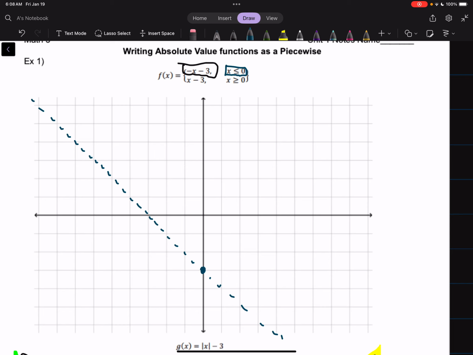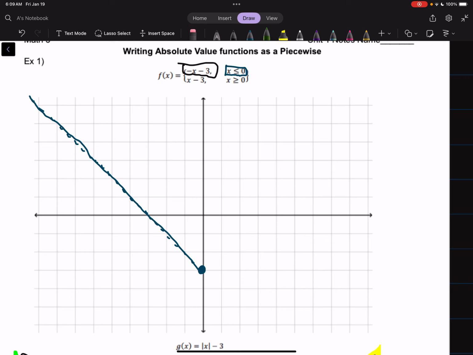This is on the left side of the y-axis. We want a closed circle, not an open circle, because of the or equal to, and we are going to connect our dots on the left side. The dots on the right, you do not need them, we can erase them.